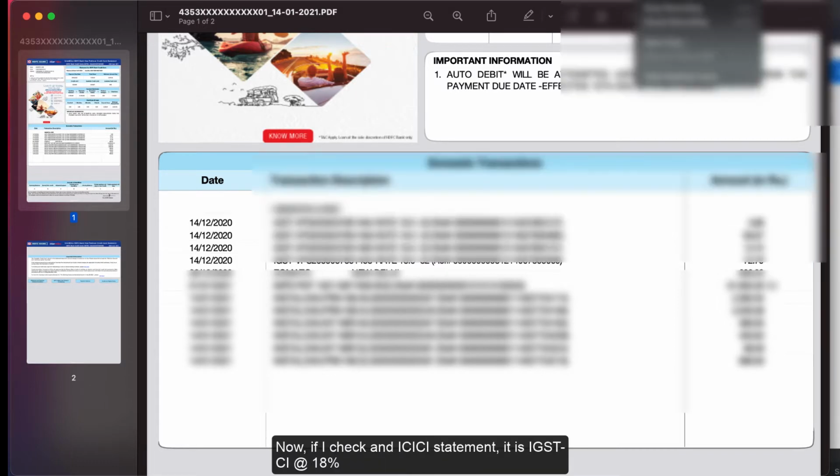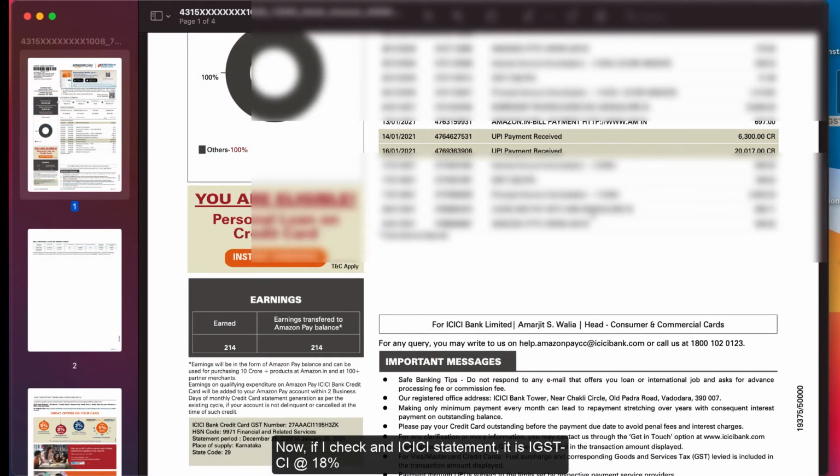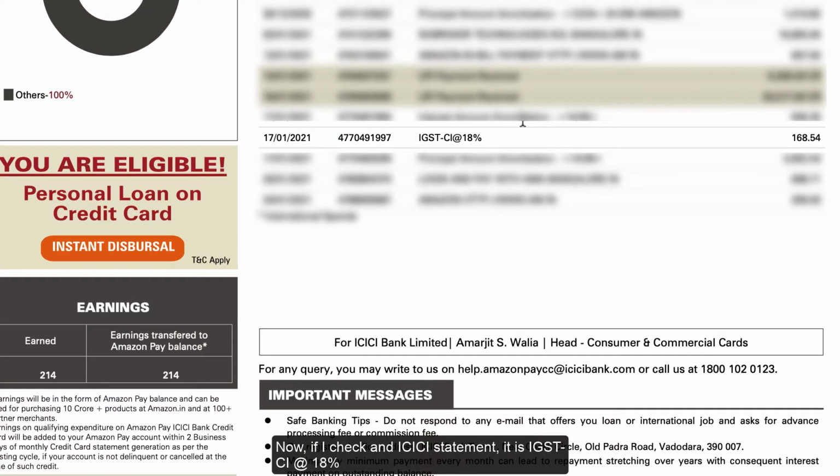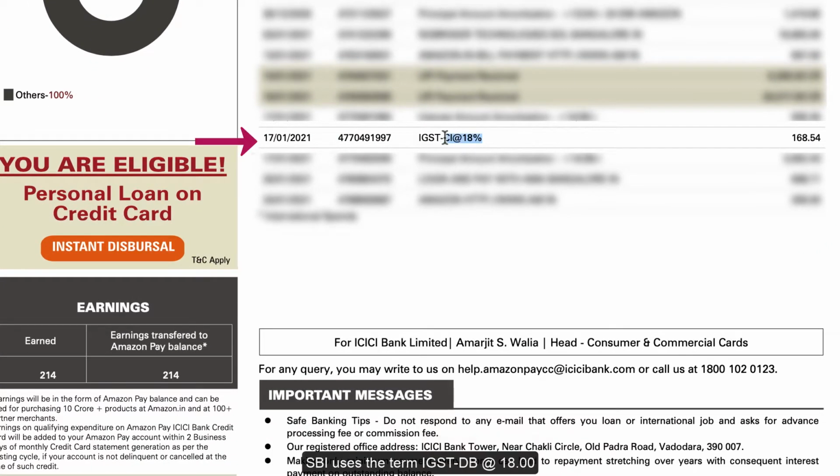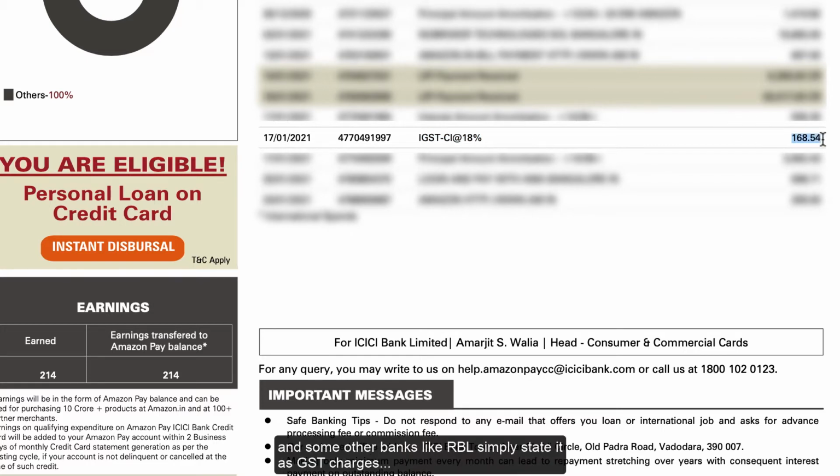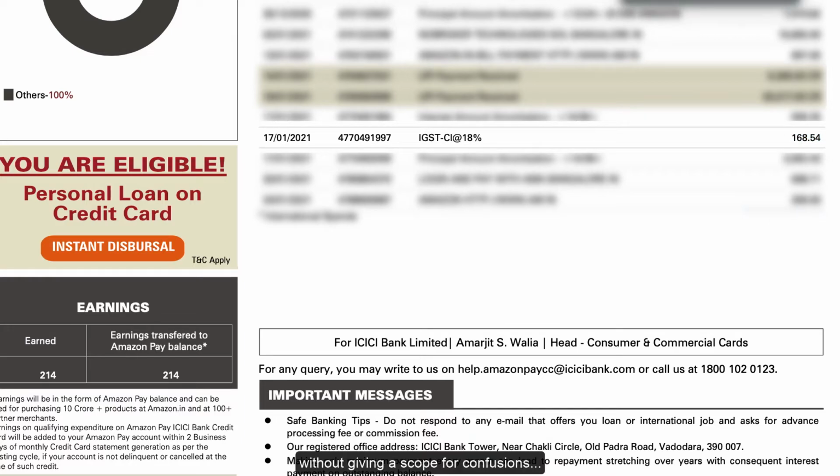Now if I check an ICICI statement, it is IGST-CI at the rate 18%. SBI uses the term IGST DB at the rate 18.00. In case of Citibank, it is IGST at the rate 18. And some other banks like RBL simply state it as GST charges without giving a scope for confusion.